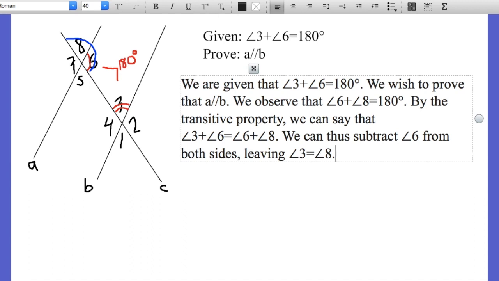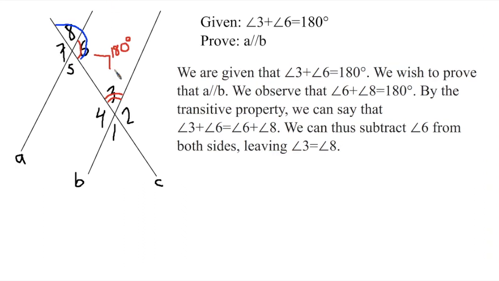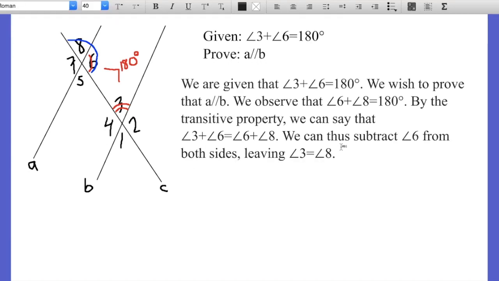We've just arrived at a very important conclusion. 3 and 8 are the same size. We just said that, and we have logic to back it up. Let me move this blue guy out of the way for a moment. So 3 and 8 are the same size, but they're also in the same position. The only way that's true is if these are the same size in the same position, corresponding and congruent, these lines must be parallel, which is our goal.